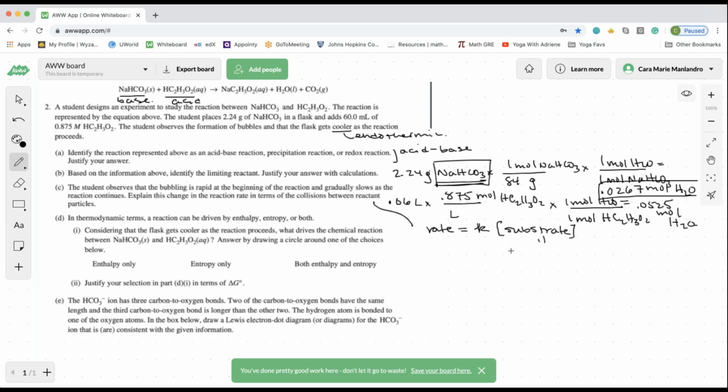Substrate here is equal to reactant. So as I'm going through my reaction, I'm going to have less concentration of my reactant, and therefore I'm going to have fewer collisions between those molecules, and therefore the rate is going to slow down.